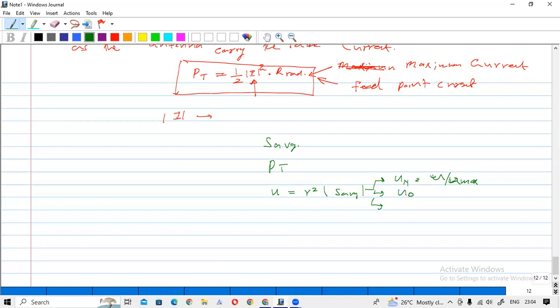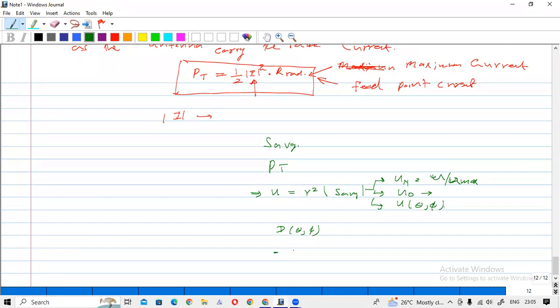And U naught, the same power dissipated through an isotropic antenna, and also U, the radiation intensity, which is a function of theta and phi. After that we found the directivity function of theta and phi.